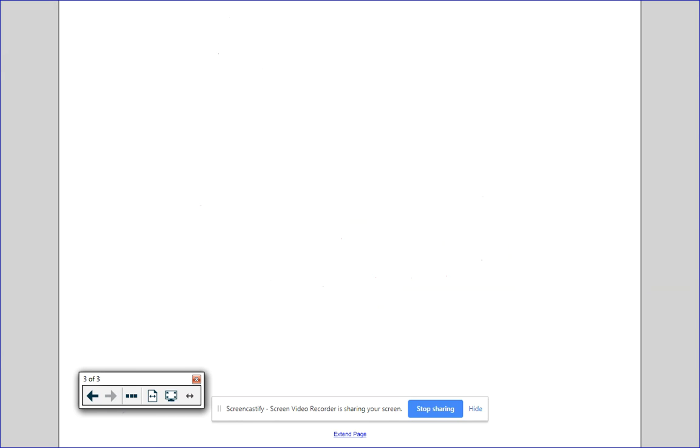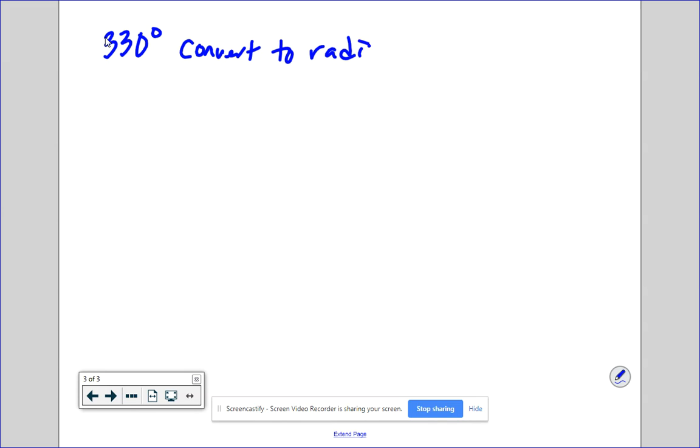All right, so let's try this. If I have 330 degrees and I want to convert that to radians, is it just the decimal value? I would use the pi over 180 personally.